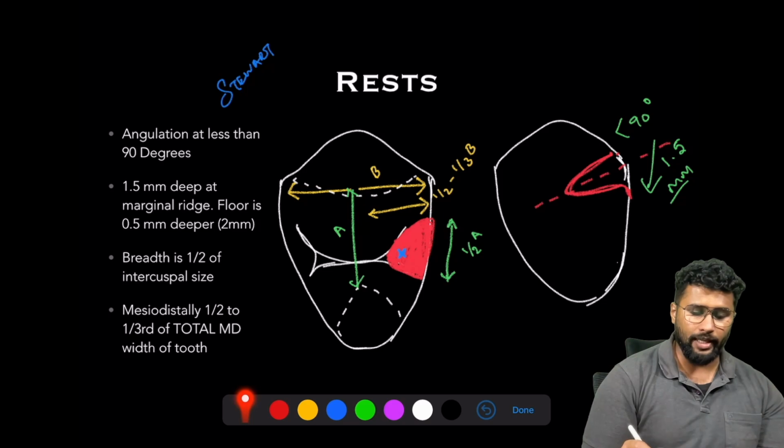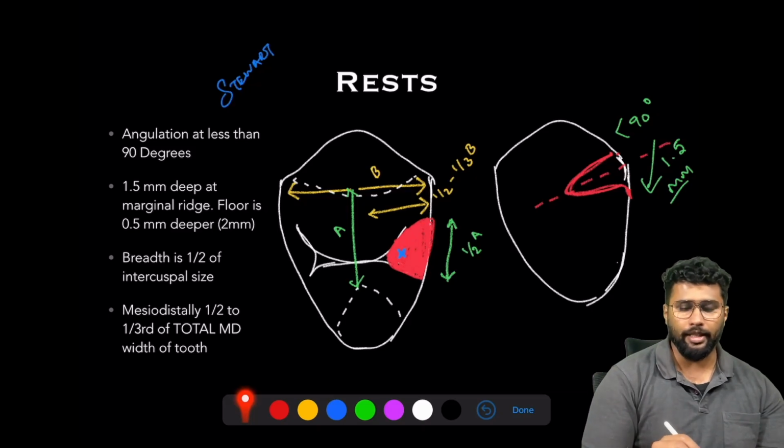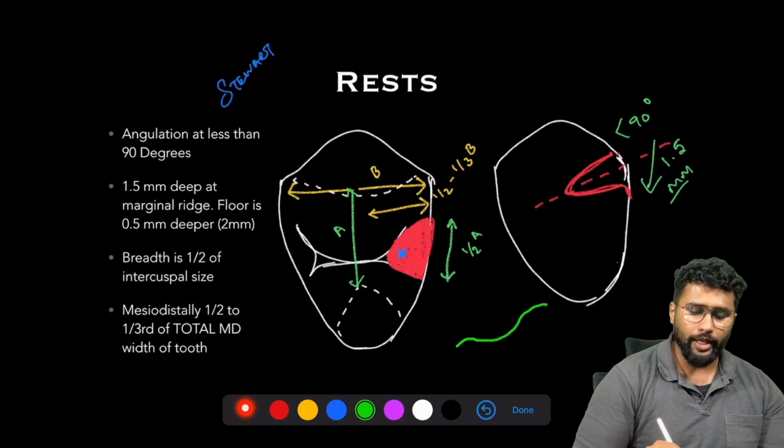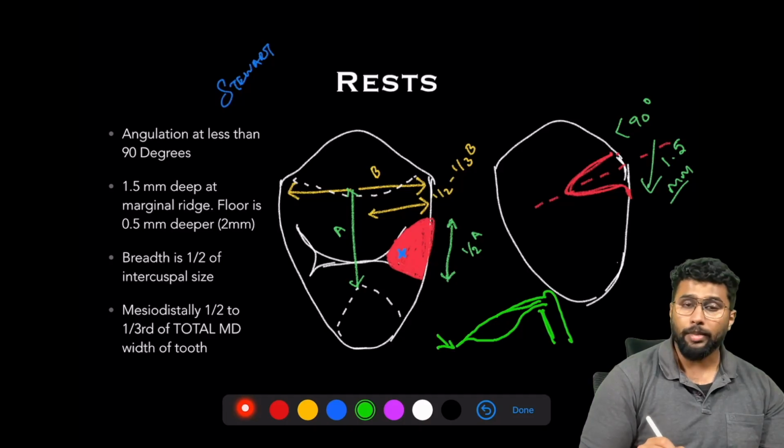Also, additionally, the deepest point of your rest is 0.5 millimeters away from the apex, right, towards the center of your rest mesiodistally. So, in effect, if you look at it in cross section, it will be a spoon-shaped rest, right, with a 0.5 millimeter thin margin here.